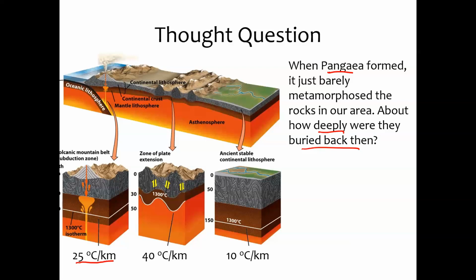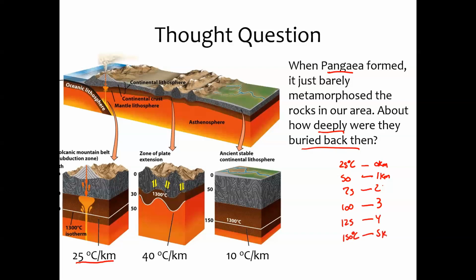And in order to make the math easy, we'll say that we start out at 25 Celsius at Earth's surface. And so you can say, okay, 1 kilometer down, we're at 50. 2, we're at 75. 3 kilometers, we're at 100. 4 kilometers, we're at 125. 5 kilometers, we're at 150 Celsius.